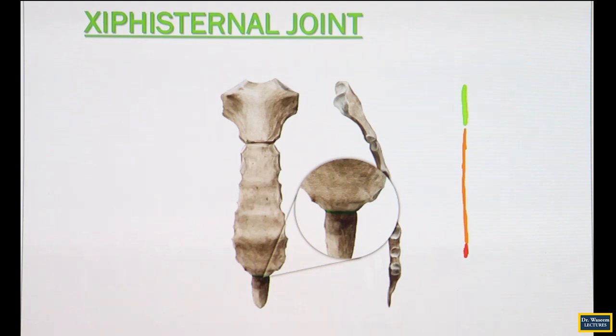Now, if you are looking at the xiphoid process, or where the xiphisternal joint is present, and you draw a line here, behind the xiphisternal joint lies your ninth thoracic vertebra.